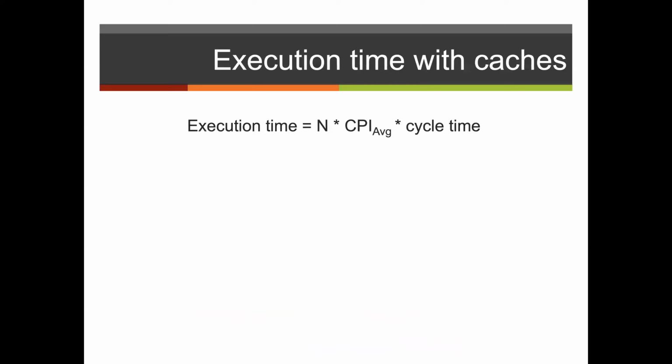And so let's take a look at the formulas we have for our execution time with caches. Originally, execution time equals n times the average cycles per instruction times the cycle time. Now with the introduction of caches, we have an effective CPI that equals the CPI average plus the memory stall average.